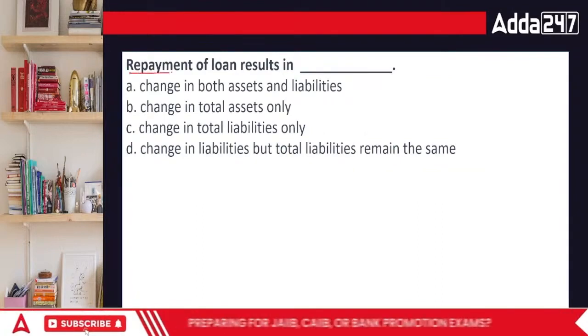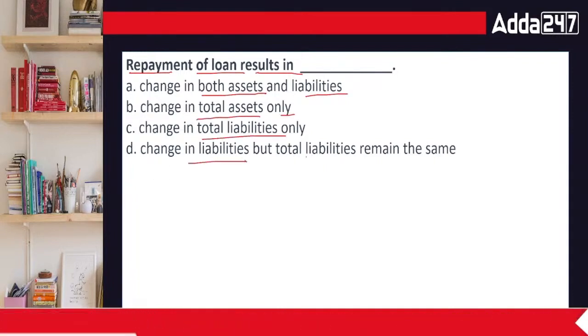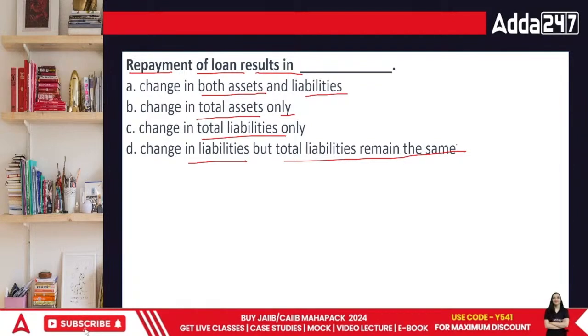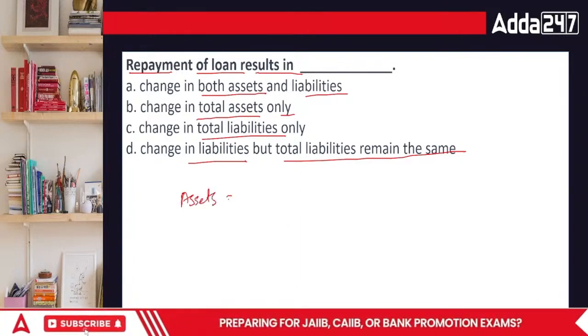Next is repayment of loan results in change in both assets and liabilities, change in total assets only, total liabilities only, change in liabilities but the total assets remains the same. I'm repaying a loan, putting it into the same situation. This is my asset. How do we build up our assets?